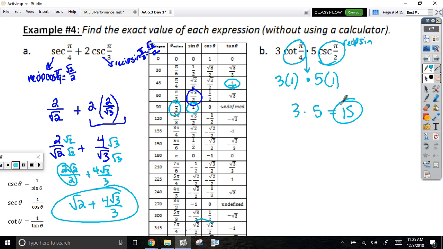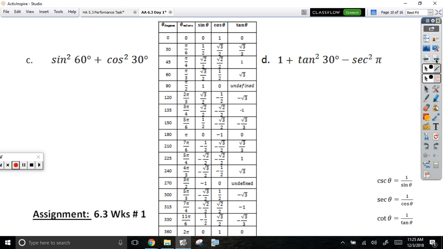All right, now our last two have squares. Remember, you're just going to square the numerator and the denominator of the fraction. Okay, so for sine squared 60, remember that this is really sine 60 quantity squared.